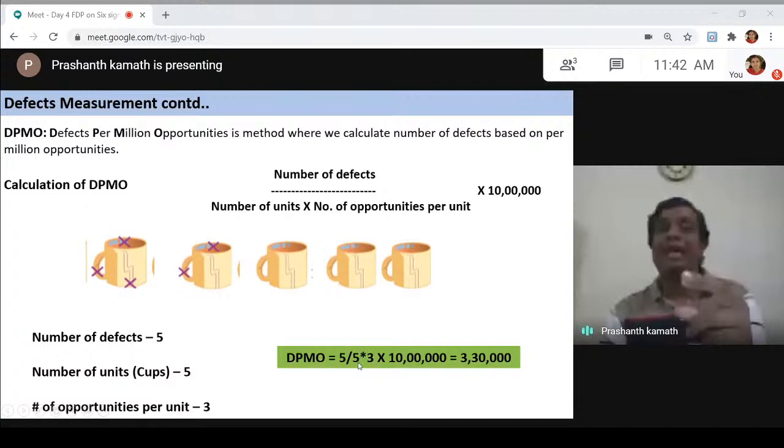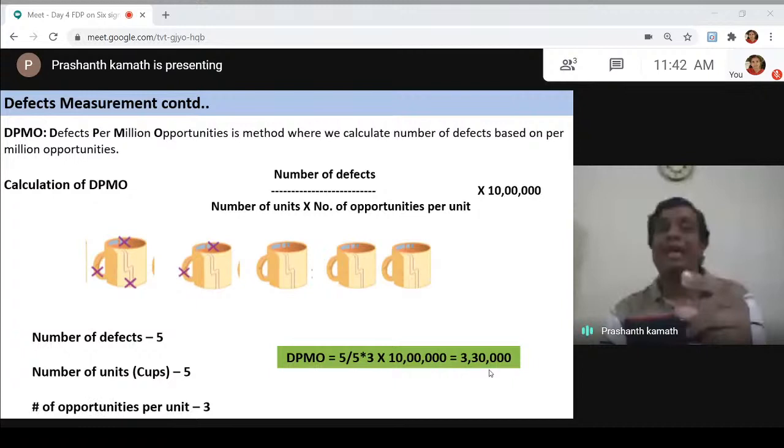And as I continue to make more cups, my defects also will go up. So it is going to project, saying that if you make some thousands of cups, 3,30,000 could be your defects or broken pieces, or something or the other would be going wrong. 3,30,000 could be your errors or mistakes that might happen if you are going to manufacture these cups on a consistent basis.